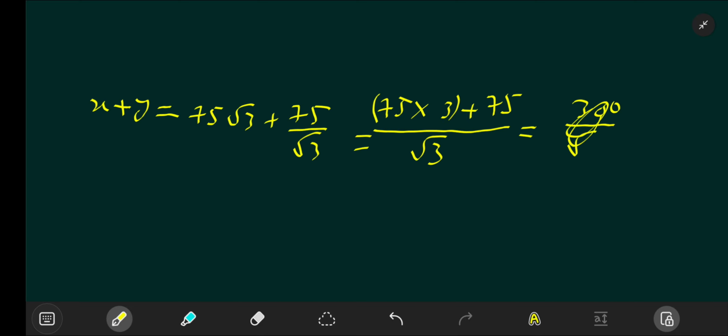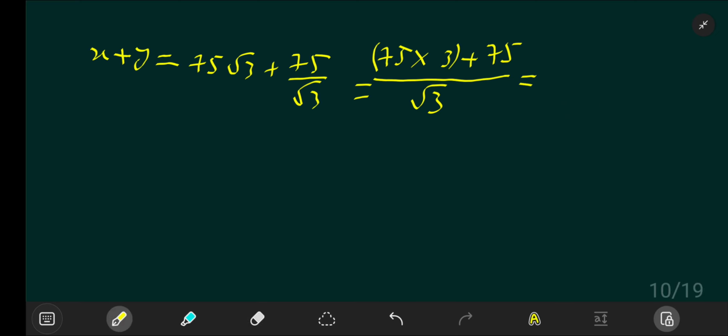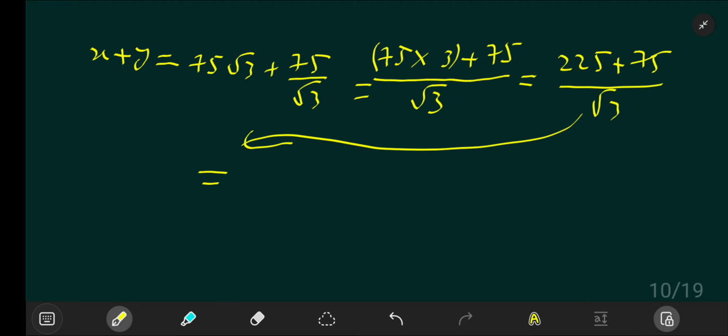So 75 into root 3 plus 75 divided by root 3, that is equal to 300. Otherwise, for easy for you, 75 into 3 is 225 plus 75 divided by root 3, that is equal to 300 divided by root 3.